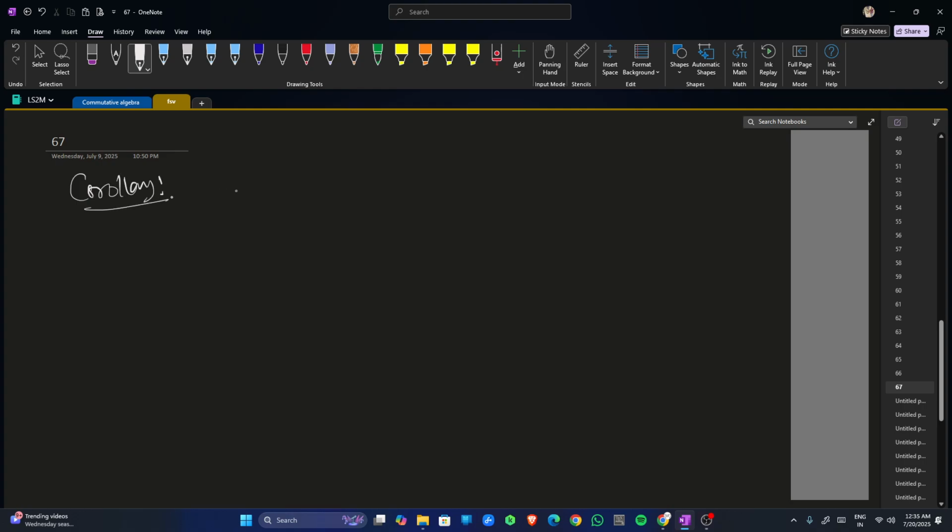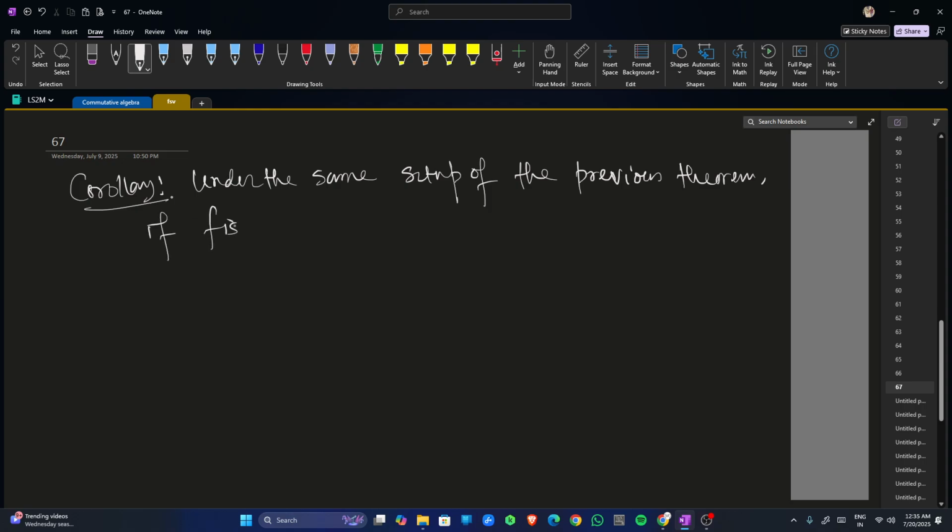Corollary. Under the same setup of the previous theorem, if f prime x is 0, that is, the zero map, then f is constant.